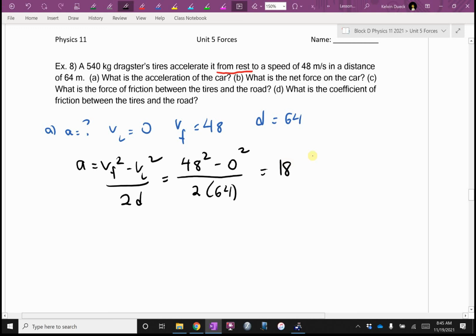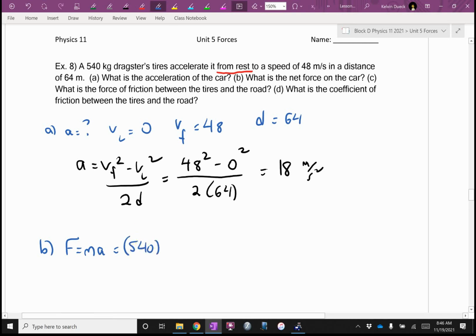Units, Danica? Okay. Zach, what's B want me to find? The what force? If it says net force, what can I go straight to? Oh, okay. Did they give me M, Zach? Yeah. Did they give me A?